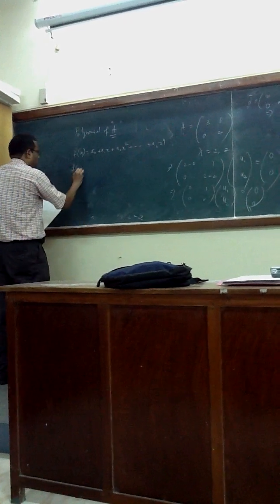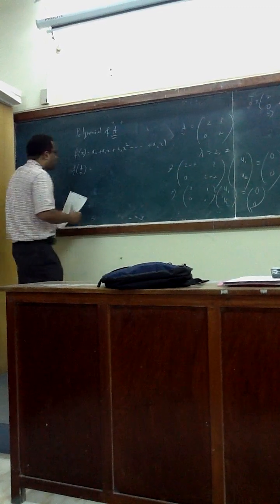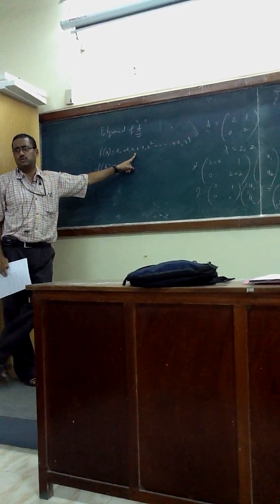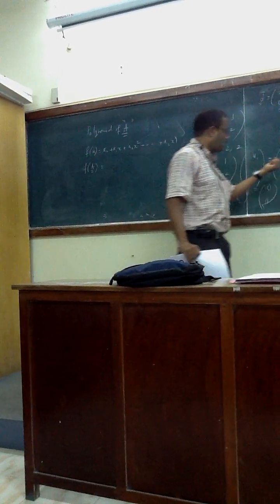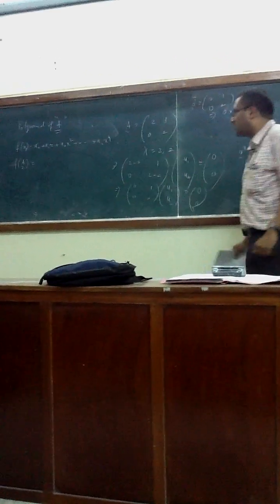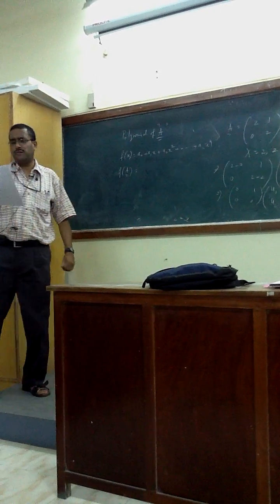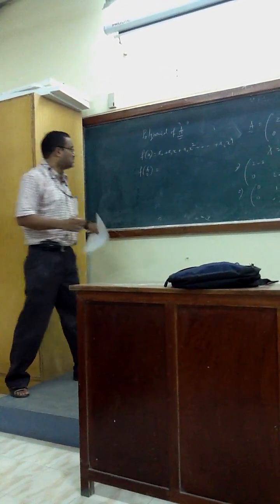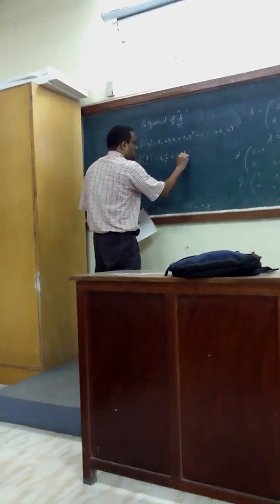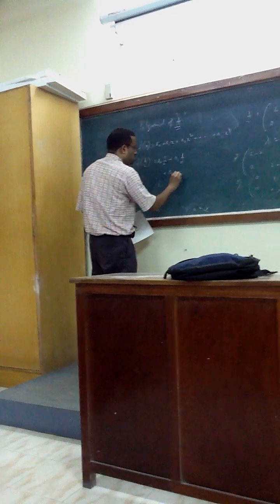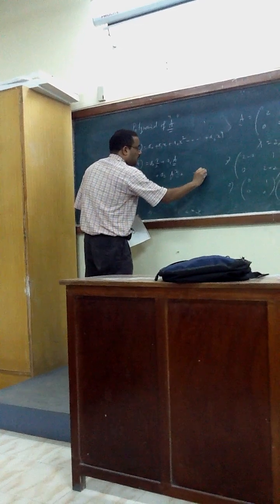If I say f of A, what should I write? You know this from school level. F of A will be a0 I plus a1 A plus a2 A squared, up to an A to the power n.